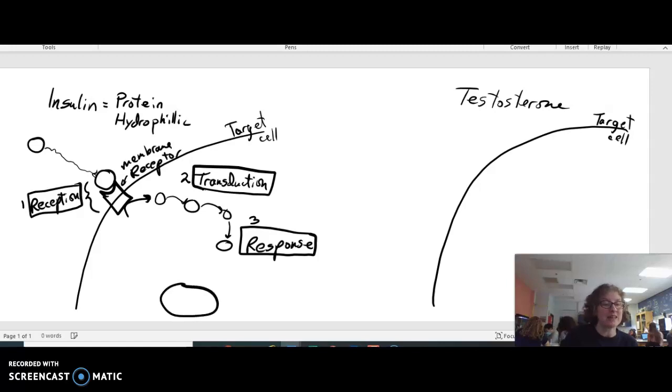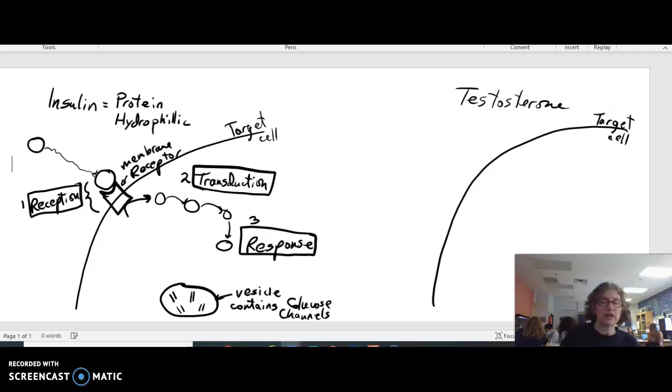already created, that the cell has already made ready. And this is a vesicle that contains glucose channels. So there are little channels in here, right?